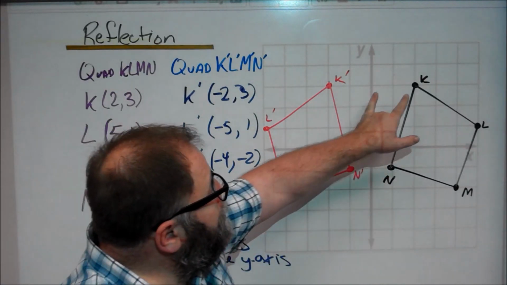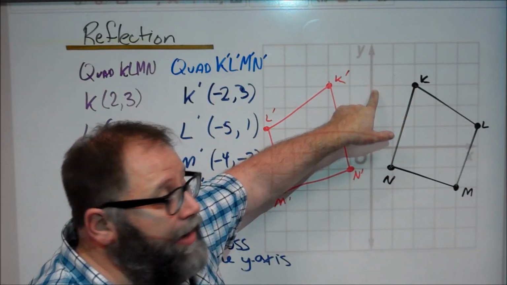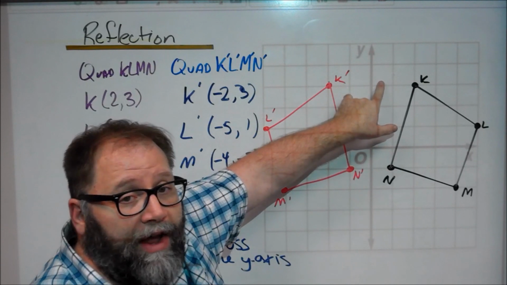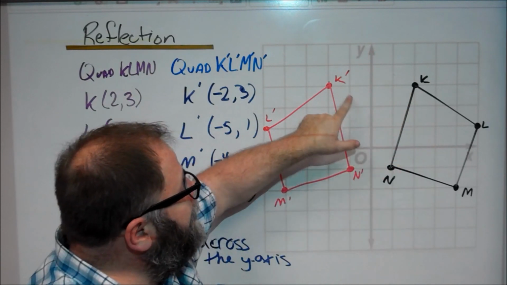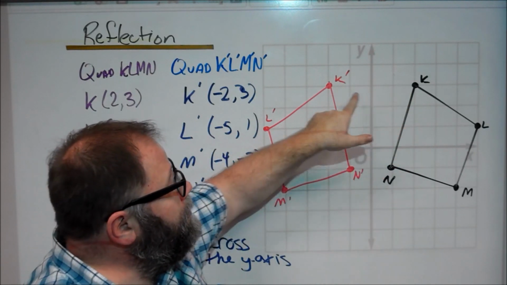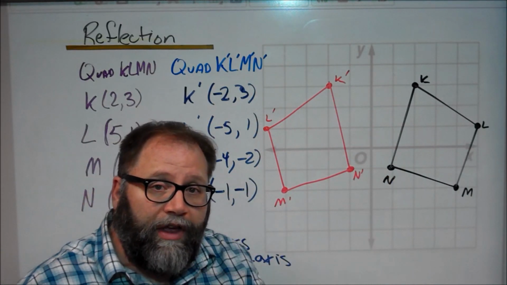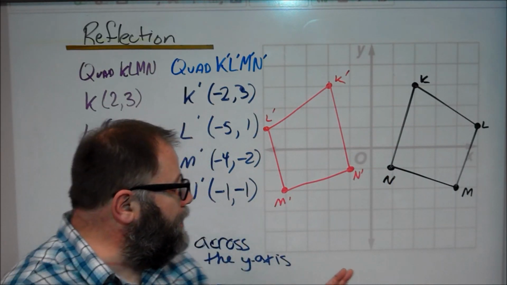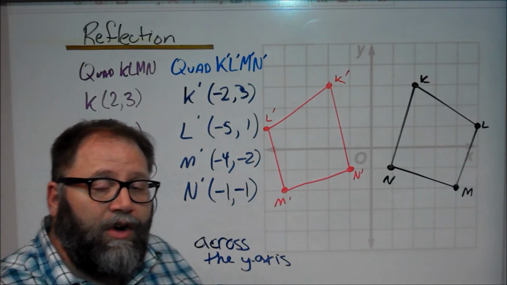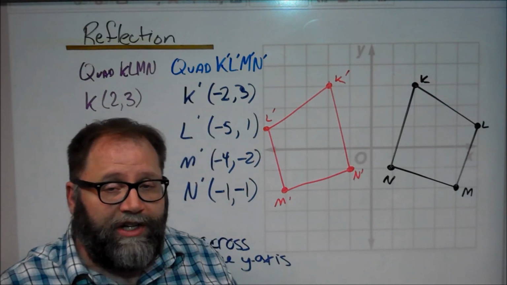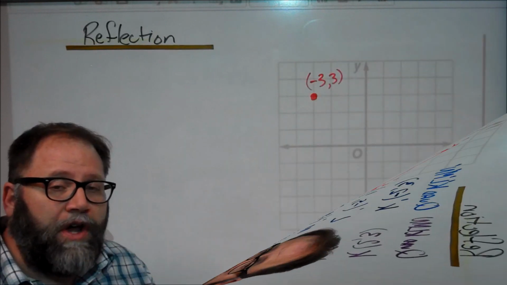That looks good. K, they're on the same y, where y is 3. K is positive 2, K prime negative 2. That works. So we found another thing here. Now we're seeing if we're going across the y-axis, we want the opposite x for each one of those ordered pairs. Let's put this all together now.